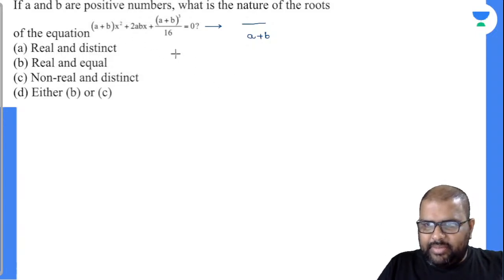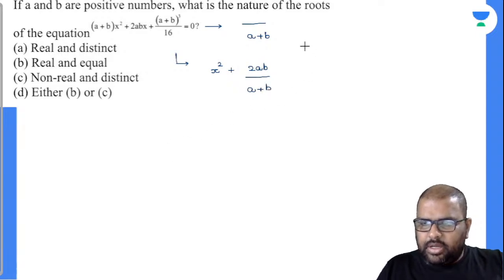Then my equation will become x square plus 2ab divided by a plus b x, plus a plus b whole square divided by 16 is equal to 0.